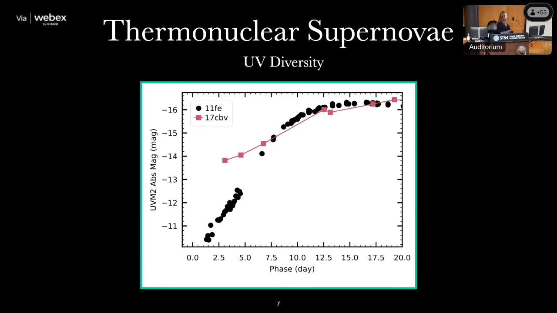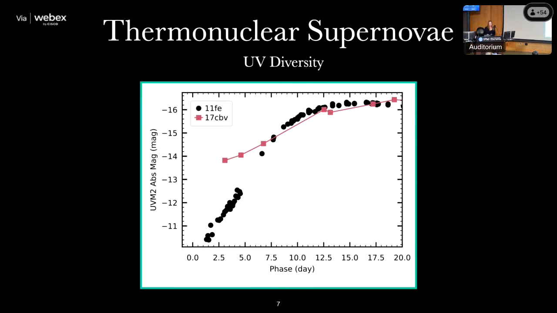And you can see in the UVM2 filter, which is a mid-UV filter, they are different by a couple orders of magnitude at early times. And so if we look at the high redshift universe and we want to try and use these supernova to determine distance, we need to figure out how we can standardize the diversity in the light curves that we see.